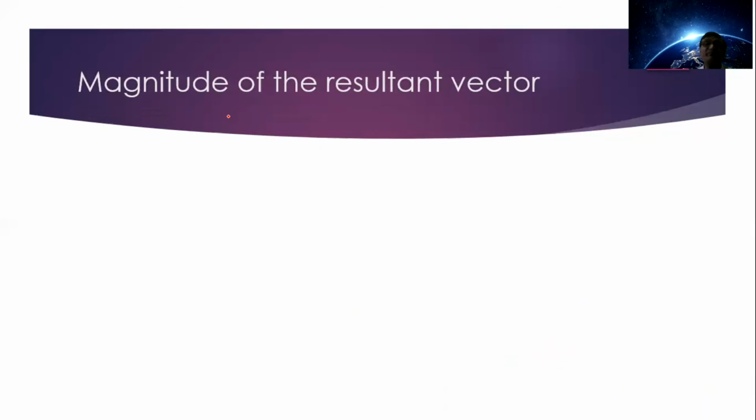That is, we write here P vector plus Q vector is equal to R vector. Now we can find out the magnitude of the resultant vector. The resultant vector is R vector. Then what about its magnitude? Let us consider the vector P and another vector Q. Vector P and vector Q are inclined to each other at an angle theta.